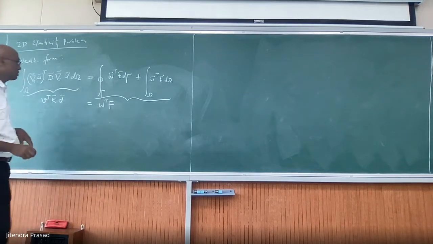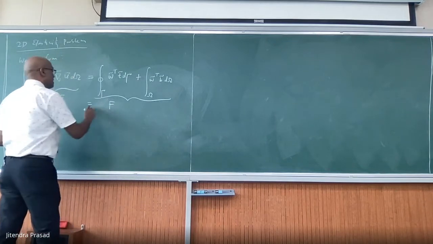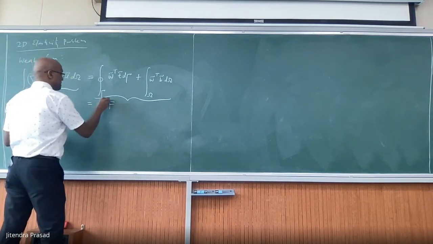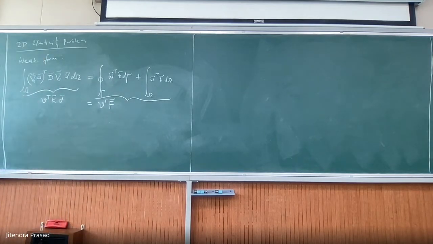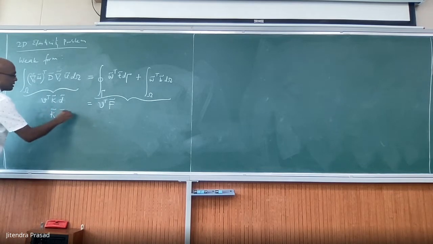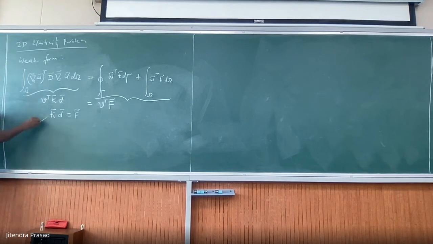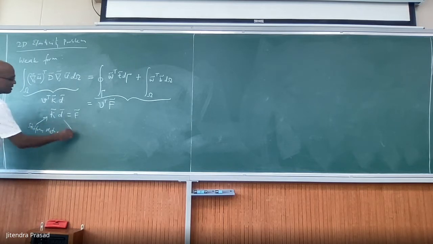So you get K d equal to F, where K is the stiffness matrix, and d is basically what we have been writing as capital U. This is the same.